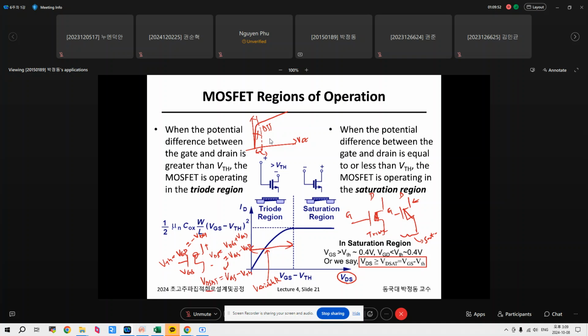Okay. So if VDS is smaller than VDsat, which means this gate-drain voltage is higher than threshold voltage, that means it is in triode. Okay, very easy.